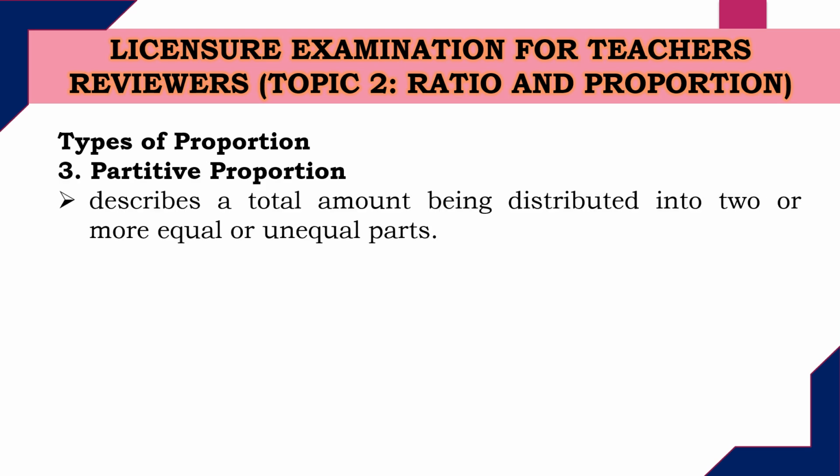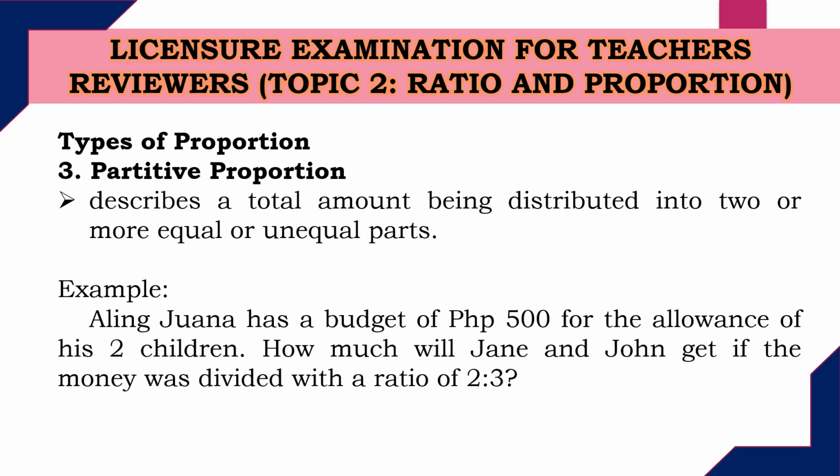The third one is partitive proportion. It describes a total amount being distributed into two or more equal or unequal parts. Example: Aling Juana has a budget of 500 pesos for the allowance of her two children. How much will Jane and John get if the money was divided with a ratio of 2:3?